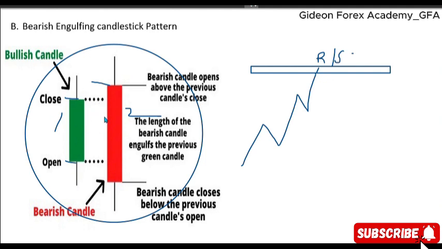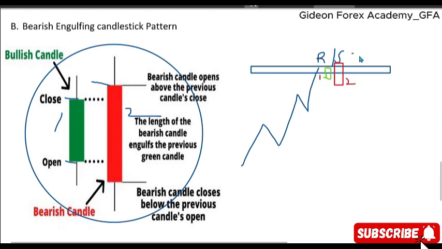So when this candlestick pattern forms here, you have the red one totally engulfing the first candle. So this first candle has to be totally engulfed by the second candle.